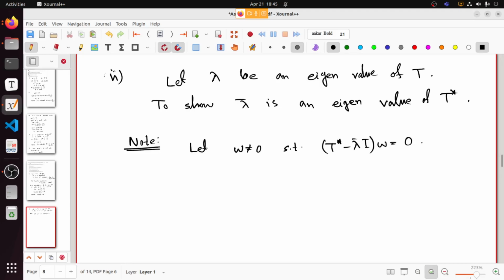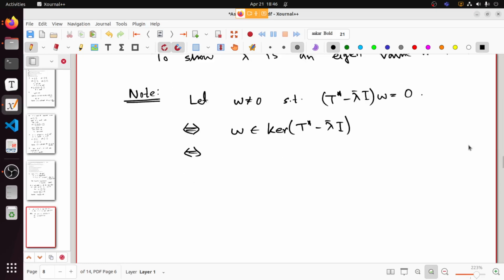Means w is an eigenvector of T star with the corresponding eigenvalue lambda bar. So this is the same thing as saying that w is in the kernel of T star minus lambda bar I, which is the same as saying the kernel of T star minus lambda bar I is non-zero, because w is a non-zero vector.